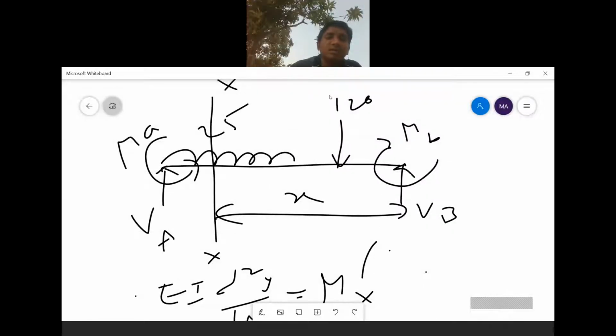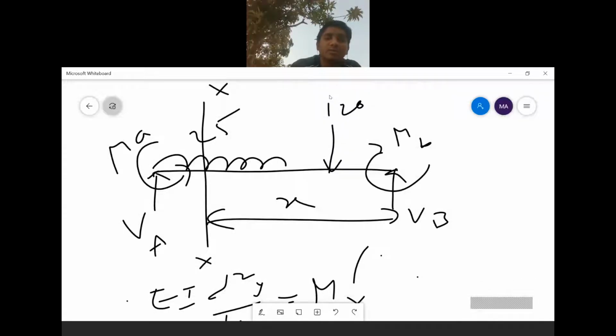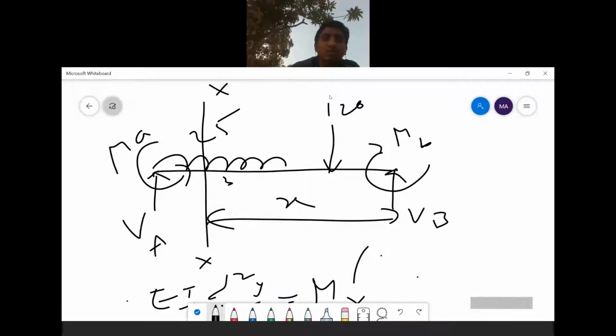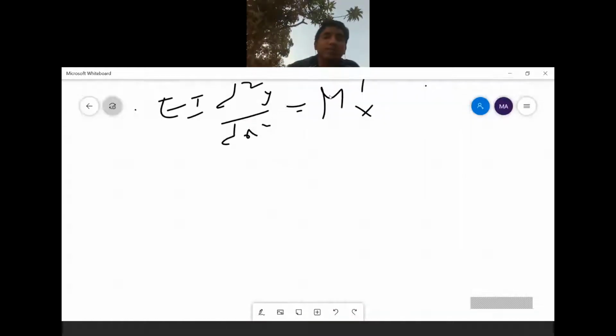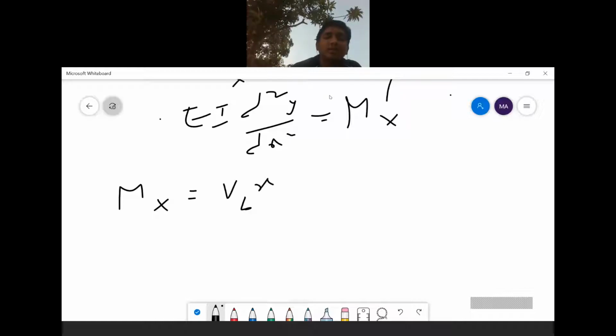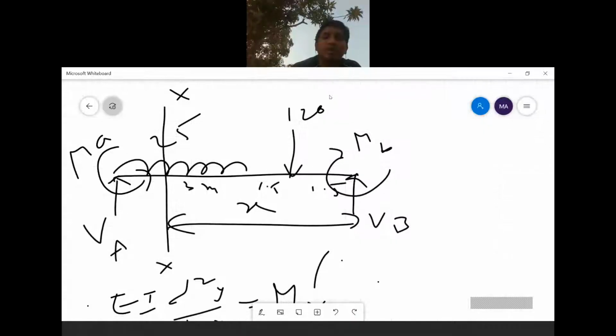Here this distance is 3 meters, and then 1.5, 1.5. When you calculate the moment about x, Mx, it is VB into x meters, since you have VB at this point.